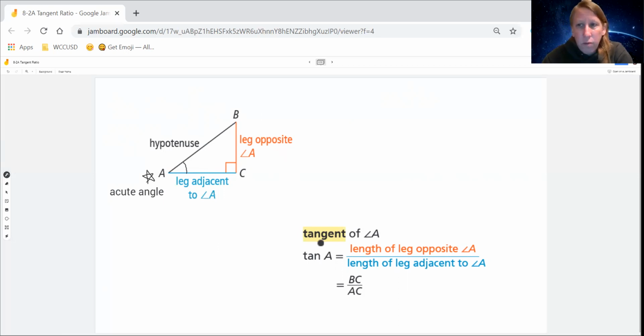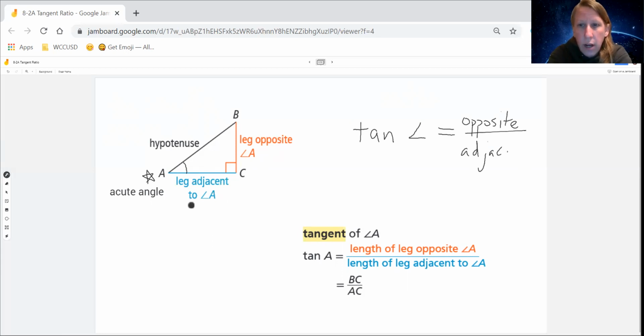The tangent ratio is defined as taking the leg opposite and dividing it by the leg adjacent. That's just what it is. It's the definition of a tangent. So if you want to write the formula, we're going to write it this way for now. The tangent of an angle is equal to the opposite side over the adjacent side.